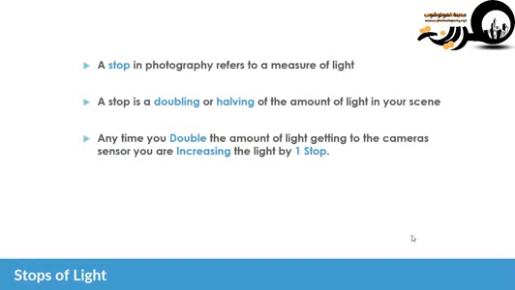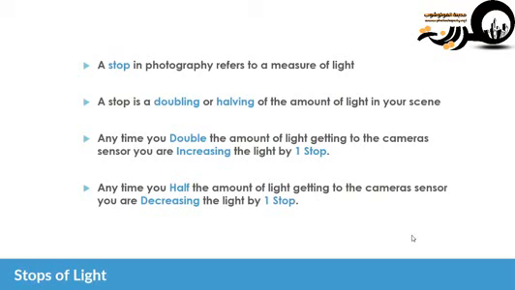Okay, so if you've heard a photographer say before, oh, I added a stop to that exposure, that meant that they were doubling the amount of light getting into the scene. Anytime you halve the amount of light getting to the camera's sensor, you are decreasing the light by one stop. Okay, so increasing by one stop means you're doubling the amount of light coming into the scene. Decreasing the light by one stop means you're halving the amount of light coming into the scene.